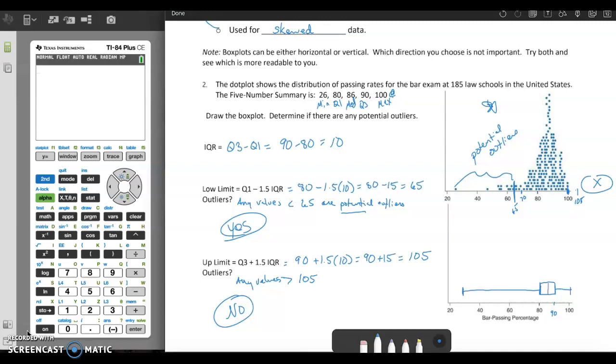The median, though, is pretty much centered inside that box, and that shows that the rest of the data, other than these outliers, is fairly symmetrical. So I can get all that information simply by looking at the box plot. Even if I don't have every single data point in front of me, I can still get the idea of skewedness, of potential outliers, and of any kind of symmetry.